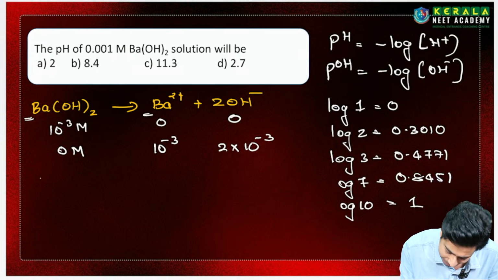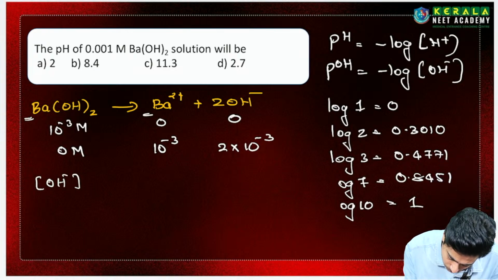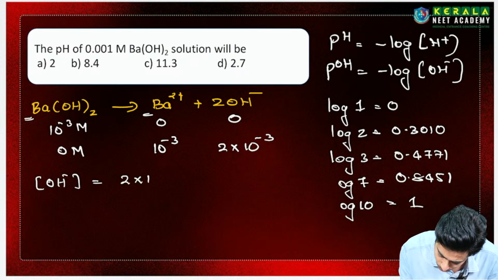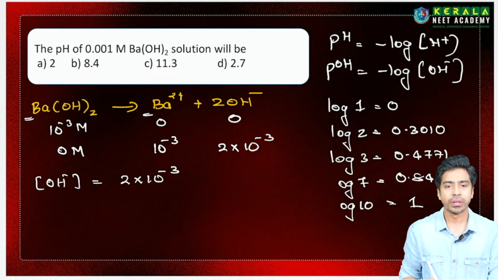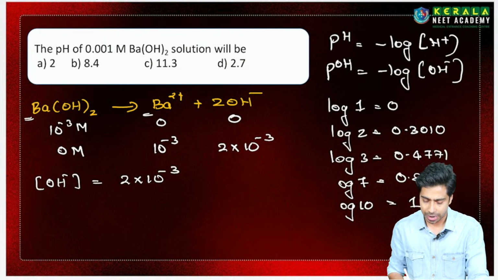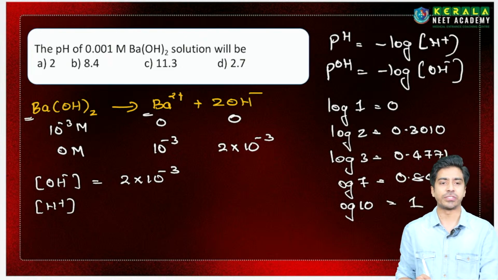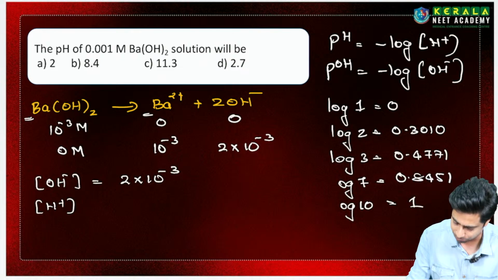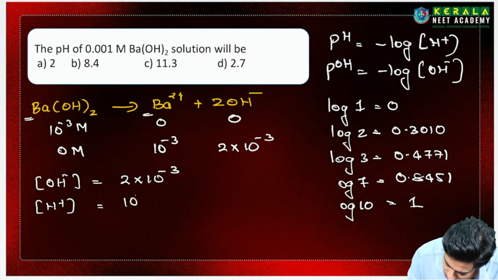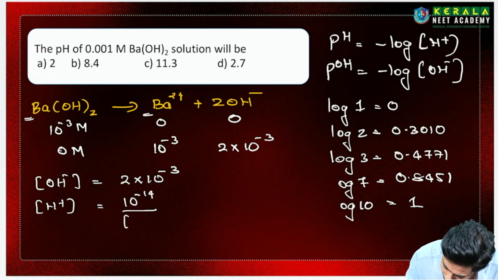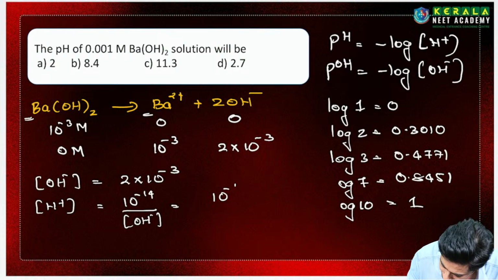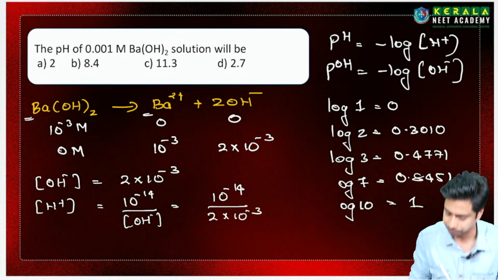So the concentration of OH minus is equal to 2 into 10 raised to minus 3. And what will be the concentration of H plus? We know that concentration of H plus into OH minus is 10 raised to minus 14. So H plus is equal to 10 raised to minus 14 divided by 2 into 10 raised to minus 3.